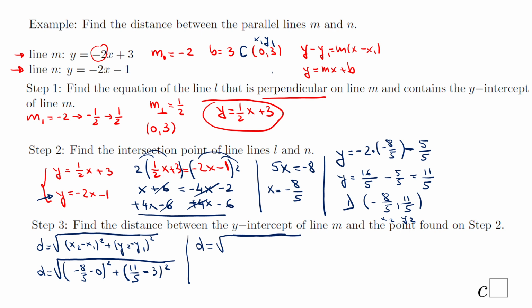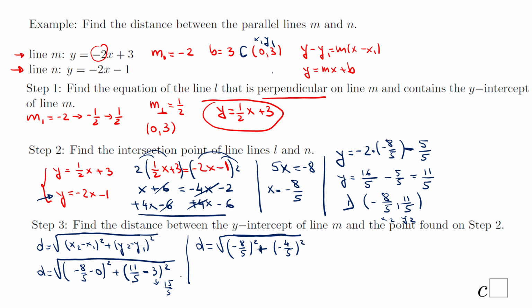And we have here negative 8 over 5 minus 0, that is negative 8 over 5 squared, plus, and now here we can change that 3 to 15 over 5, and then we have 11 minus 15, that is going to be negative 4. Negative 4 over 5 squared.